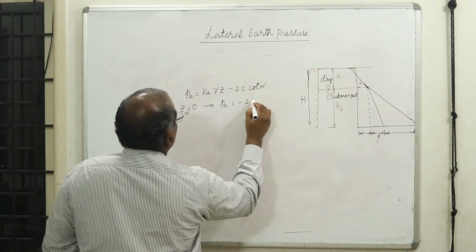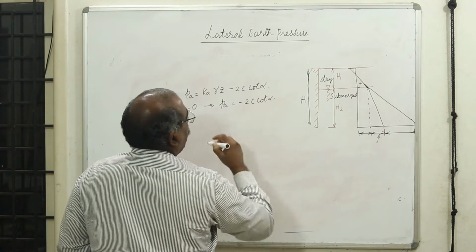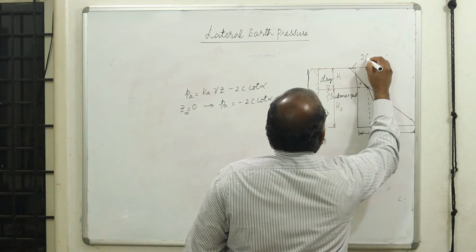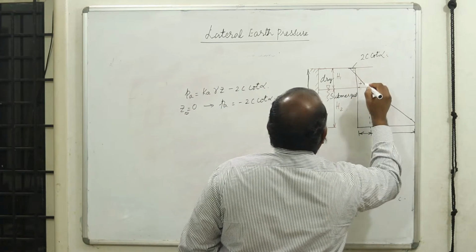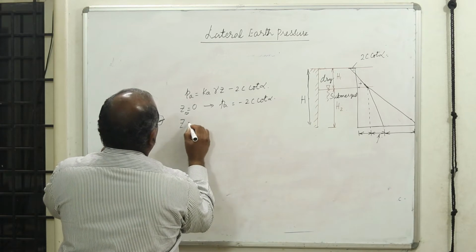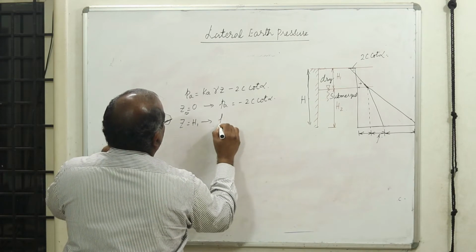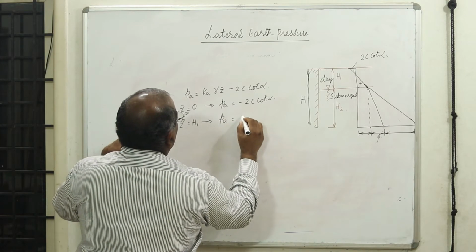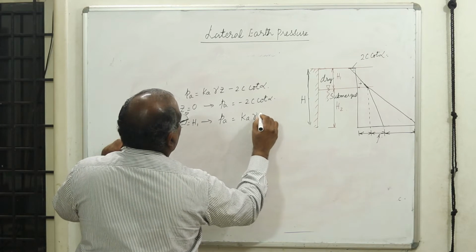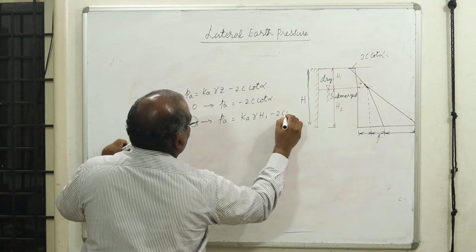PA becomes minus 2C cot alpha. Therefore, this is 2C cot alpha. Now what happens when Z is equal to H1? Then PA becomes Ka gamma into H1 minus 2C cot alpha.